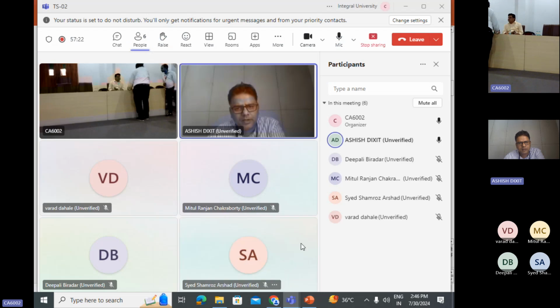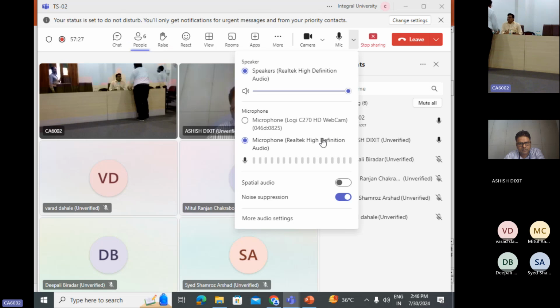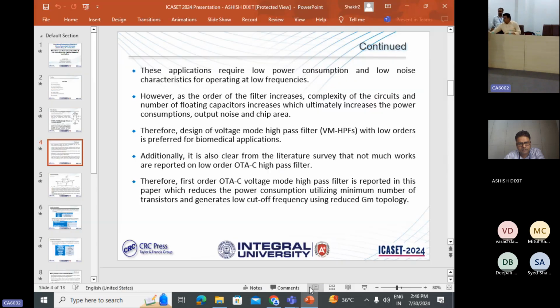Therefore, a voltage mode high pass filter with low order is preferred for biomedical applications, because for biomedical applications we need very low power consumption and it should also have a very low frequency cutoff.